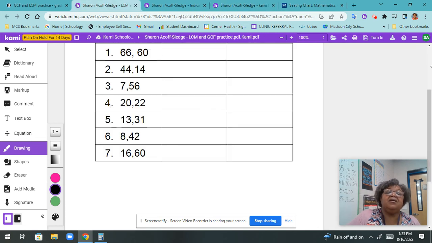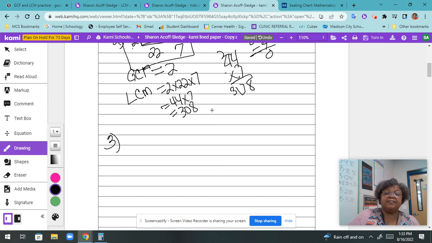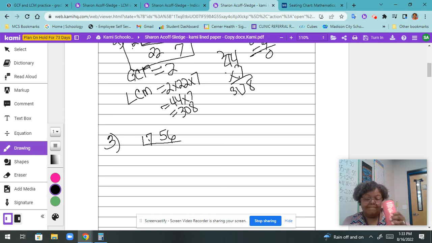Number three is 7 and 56. Okay, at least finally something that makes a little sense. What goes into 7 and 56? Because 7 goes into 7 one time, 7 goes into 56 how many times?